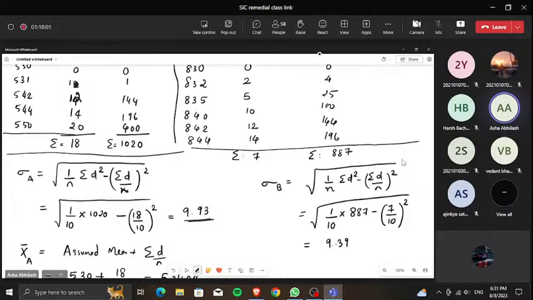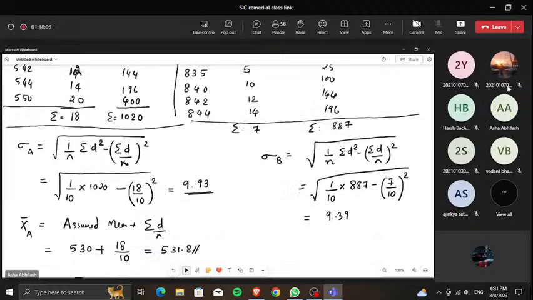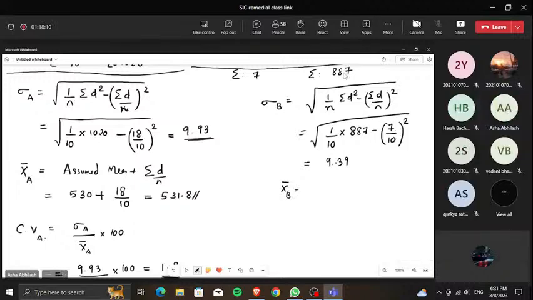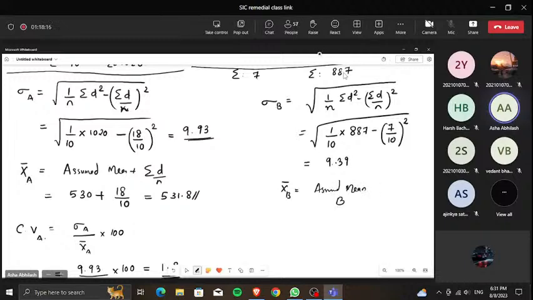9.39. Now I have to find the arithmetic mean for group B. That is assumed mean. Assumed mean here we have taken as A plus summation d by n.